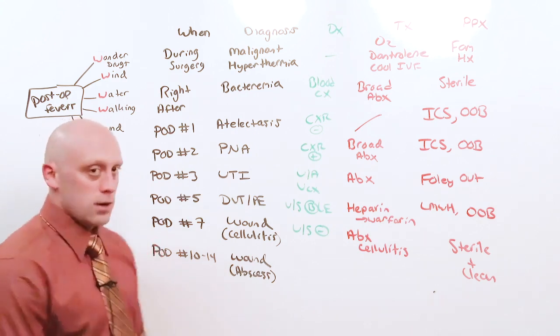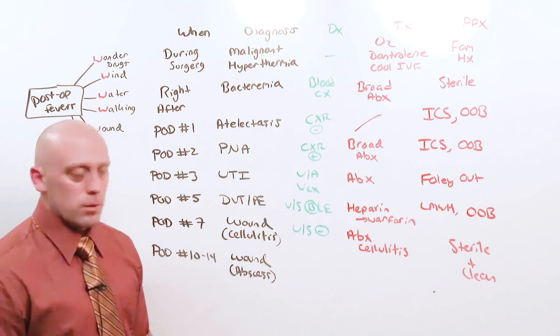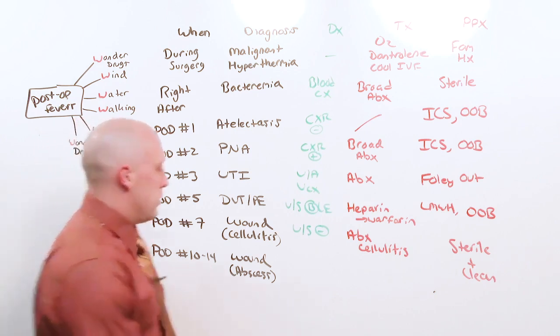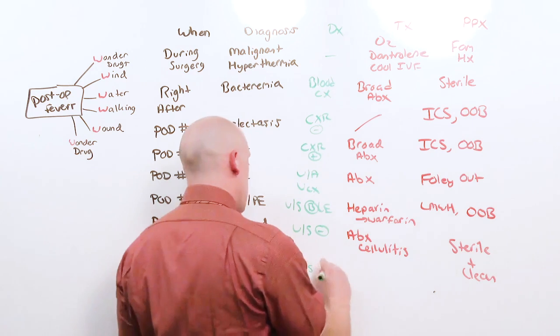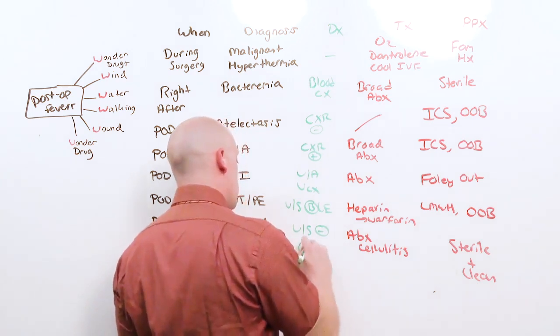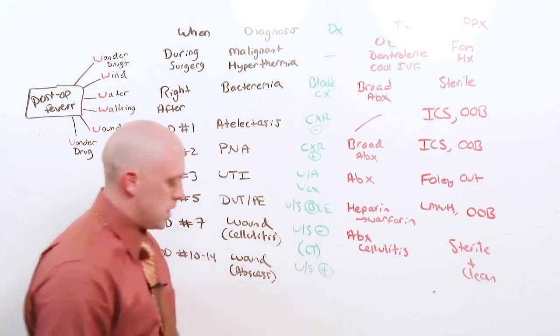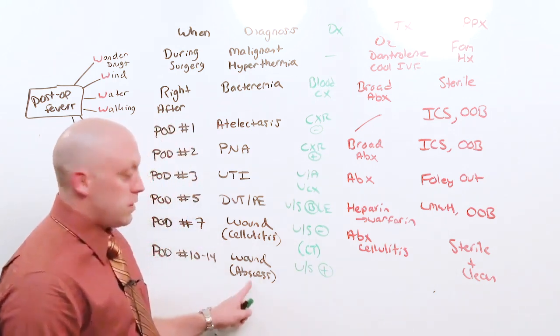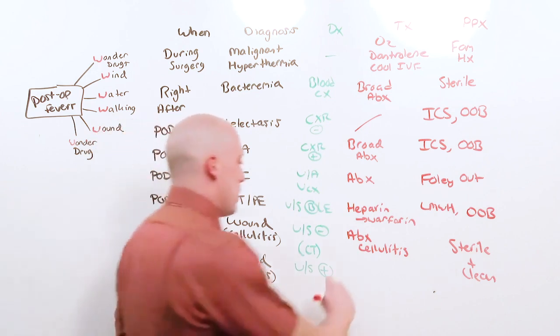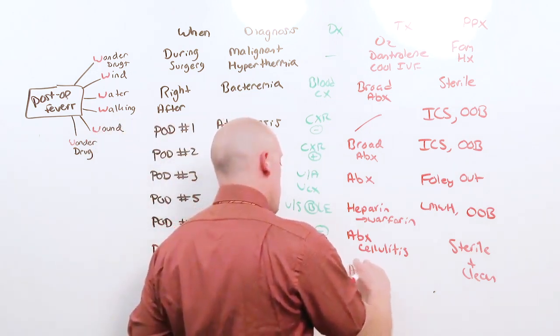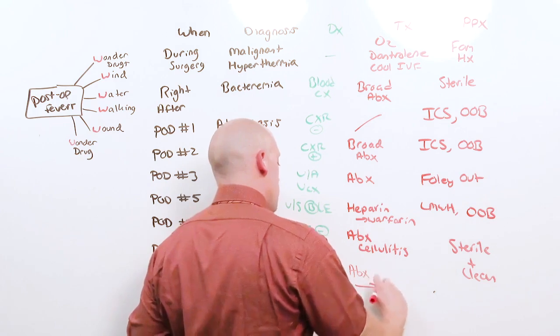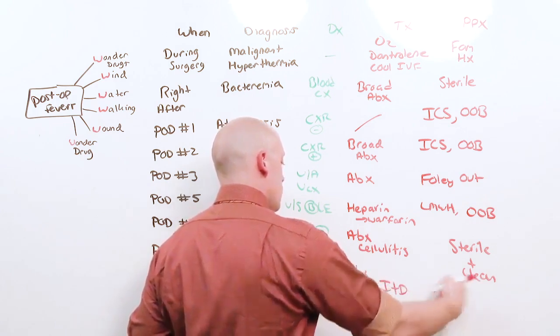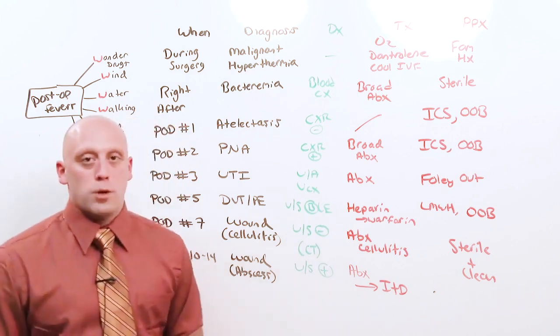After all, it's 2 weeks later. You haven't seen him in a couple of days because they went home. Well, get the ultrasound, and it's going to be positive for an abscess. By the way, instead of an ultrasound here, you can use a CT scan. If you find that there is an abscess, you're of course going to treat them with antibiotics. But this person needs to go back to the operating room for an incision and drainage. Same thing though, keep the wound clean, won't be a problem.